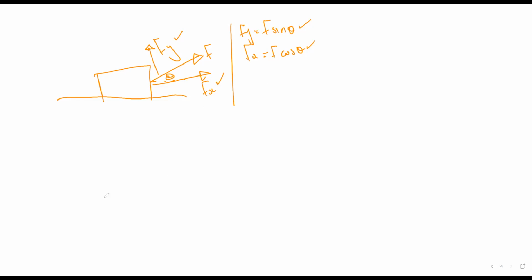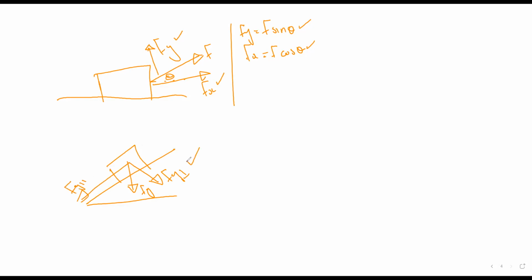Then another situation, we have an object on an incline. When we have an object on an incline, we always have gravitational force. And if there is gravity, there is always Fg perpendicular and Fg parallel.